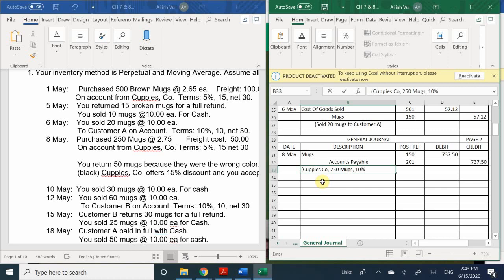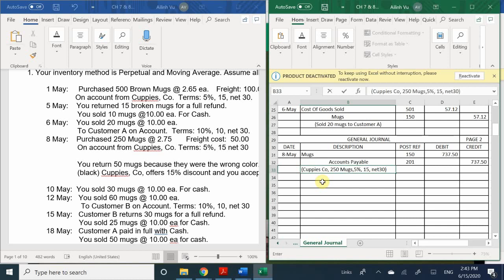Should be 5 cents. No, 5%. Yeah, 5%. Oh, we give our customers 10%. Okay, wow. So we give them 5%, 15, net 30. And I'm going to end my parentheses.